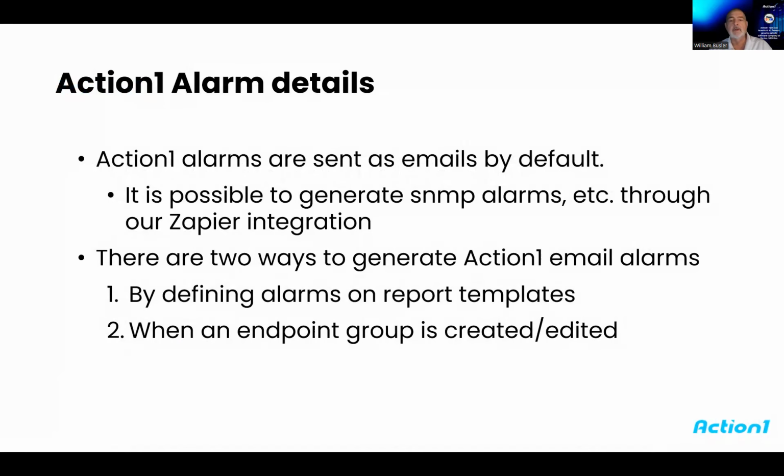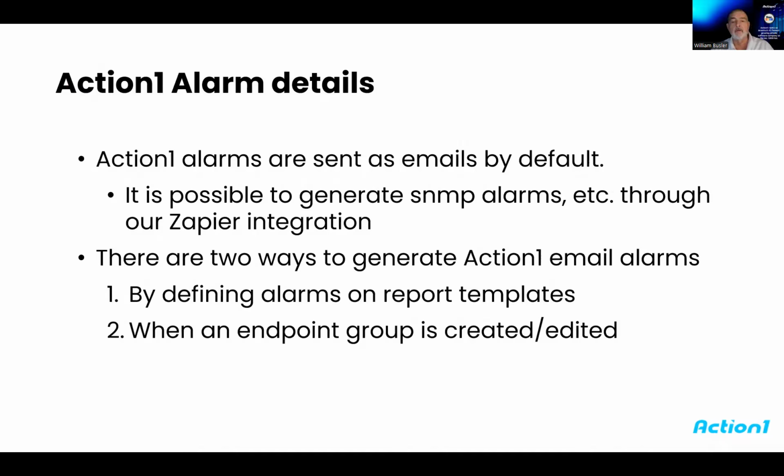But out of Action 1's main console, there's two different ways you can set up email alarms. The first one is when you're defining or editing your groups, you can define specific thresholds for endpoints that have been offline. So if an endpoint's been offline for more than 30 minutes or an hour, you can generate an email alert to let people know that's a problem.